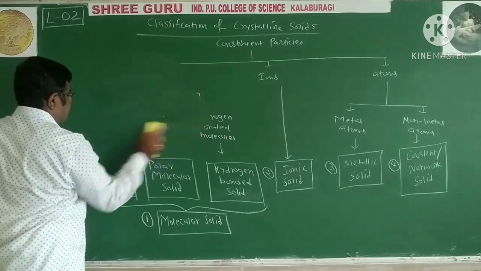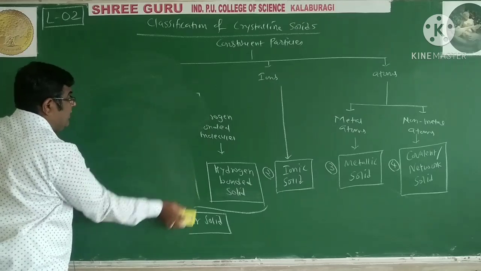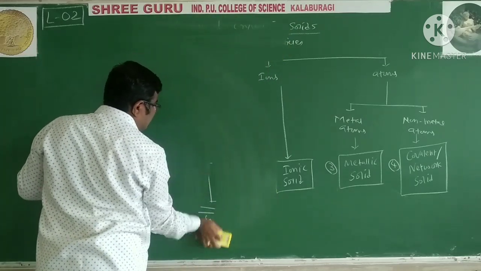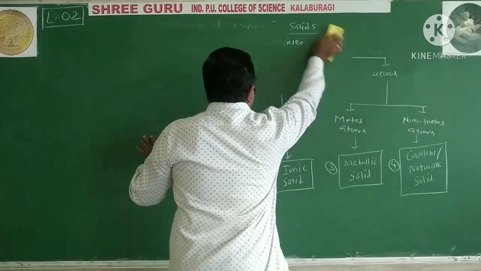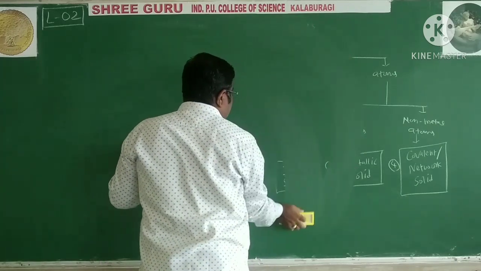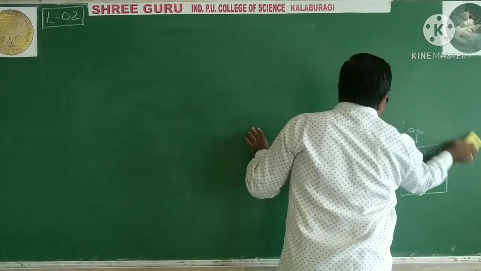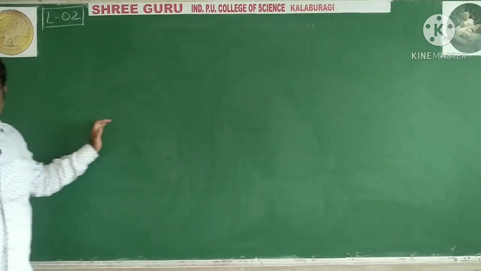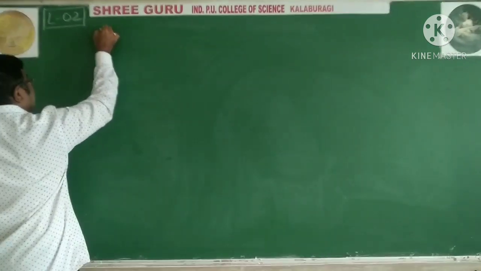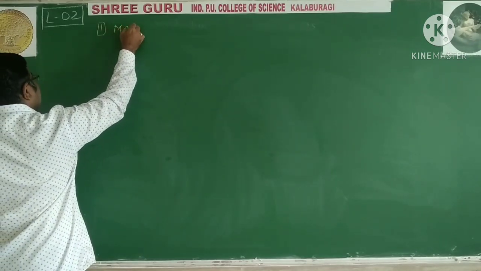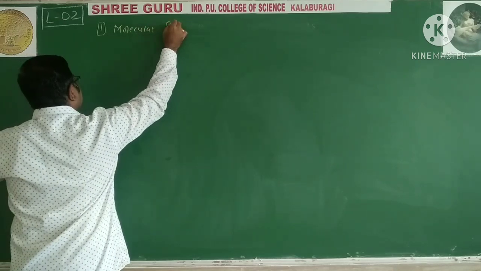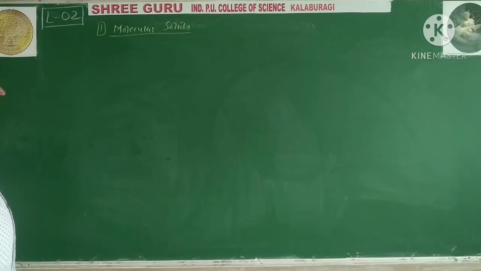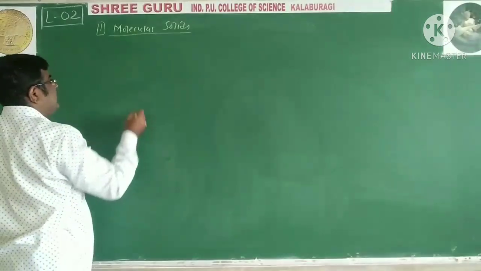A question can be asked to identify the type of solid, so you should be very alert in listening to these points. First we are learning molecular solids. There are three types, which we have just mentioned.